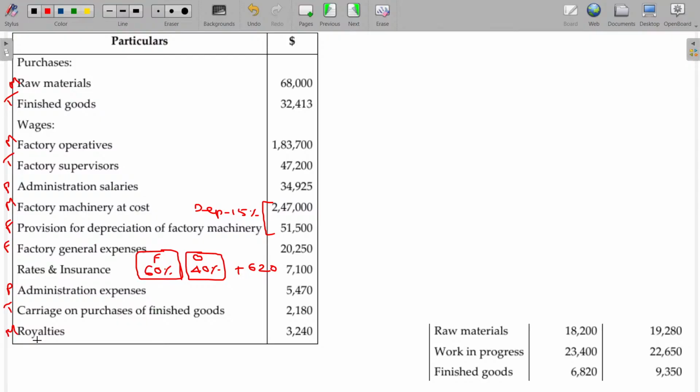Okay, let's start with the cost of material consumed. Under that, we'll start with the opening inventory of raw material, 18,200.